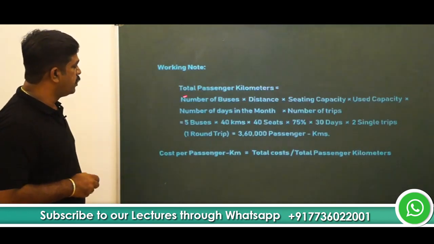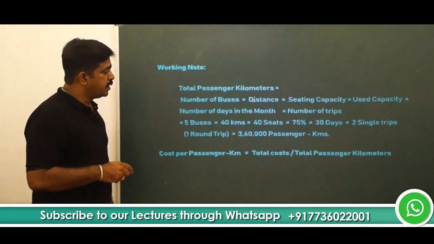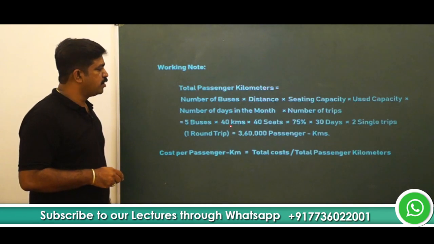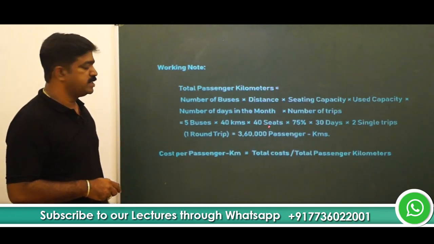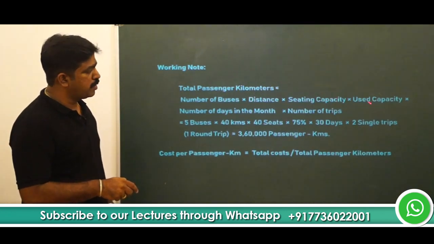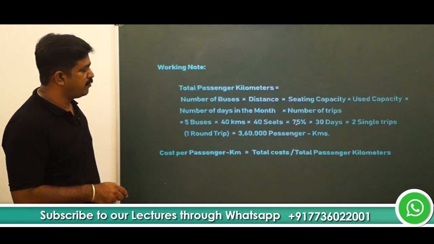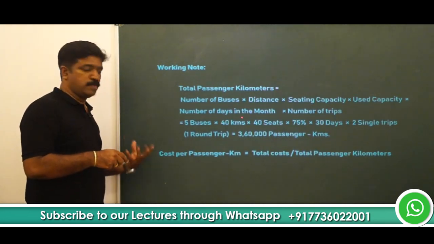Total passenger kilometer. Number of buses, we know there are 5 buses. It should be multiplied by the distance, which is 40 kilometers. Then multiplied by seating capacity, which is 40 seats. But actual usage is only 75%, so multiply by used capacity, 75%. Then multiply by number of days in the month to know the monthly position.